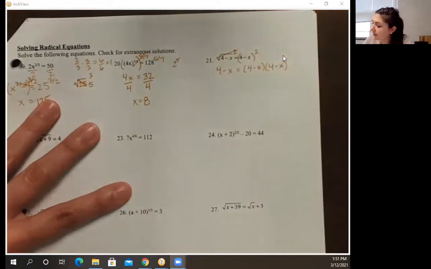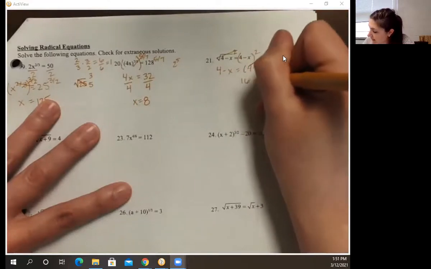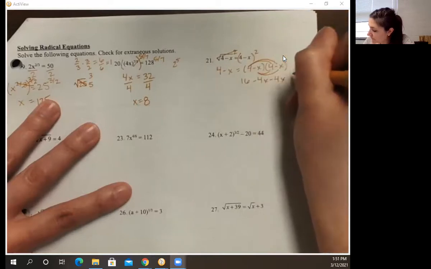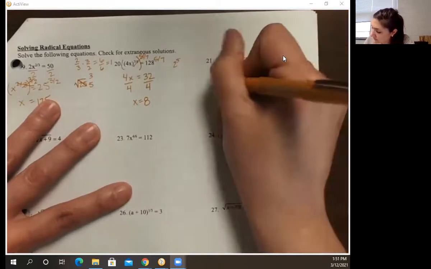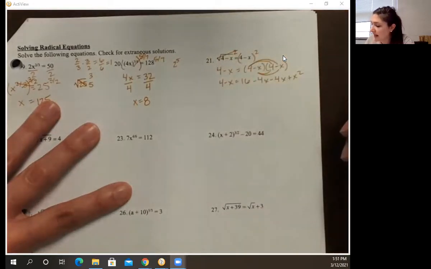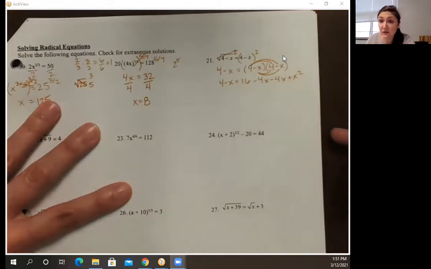So that means I've got 4 minus x times 4 minus x, and I need to distribute here. So that would be 16 minus 4x minus 4x plus x squared. I'm going to move everything to the same side, rewrite this in standard form. Since I've got x squared and x, my next step in this process to solve is going to be to factor.